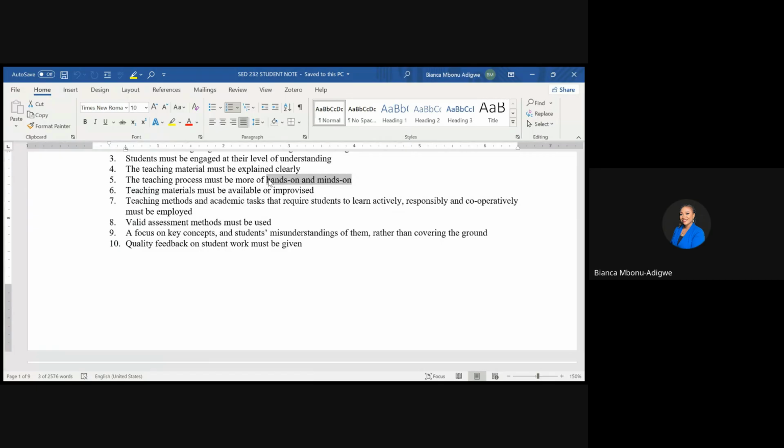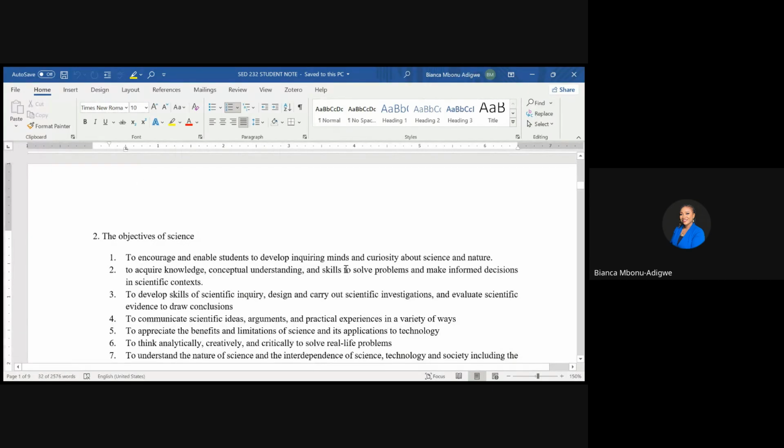Minds on, your mind must be engaged too. You should be thinking of something. You should provide teaching materials if they are available, or you can improvise, and so on and so forth. Valid assessment methods, give quality feedback. These are all under the same TEACH.